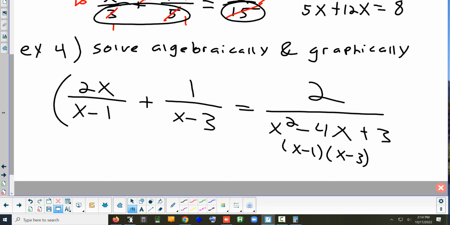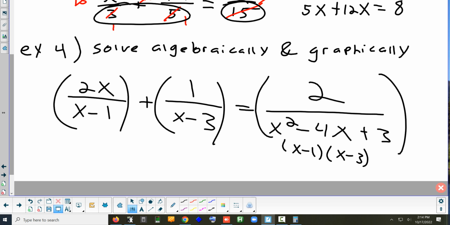So now, put these in parentheses. Does anyone see what I could multiply all three of those by? And it would cancel out every denominator. X squared minus 4x plus 3.